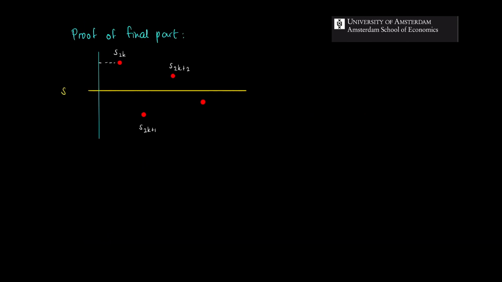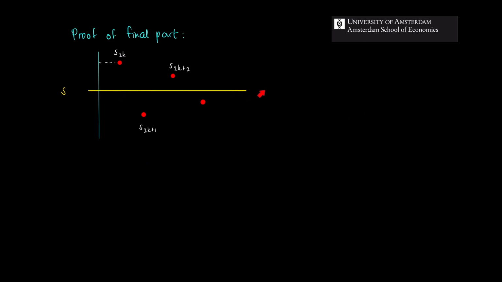The proof of the final part can be done graphically. It has a graphic way of doing things. So here we see bk, here we have bk plus 1. So the b's are, as we've seen, monotonically decreasing and they have a limit S, right?